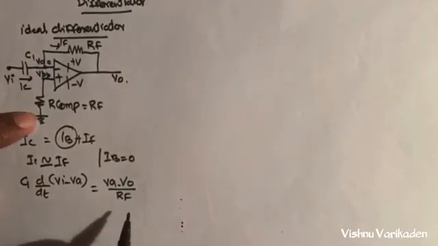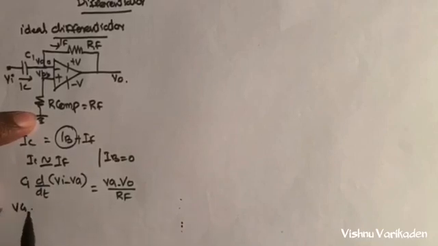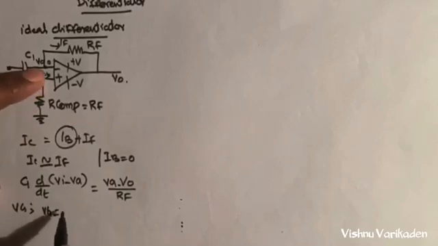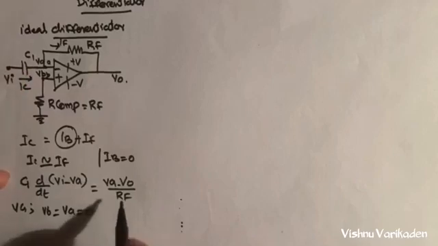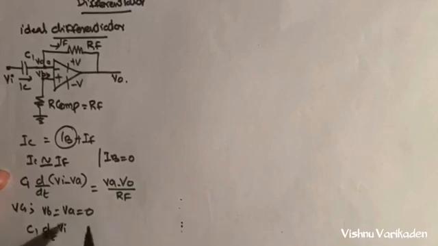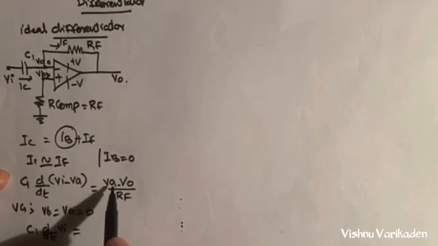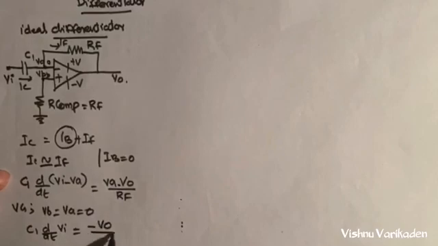So apply the virtual ground concept. Whenever VB is connected to ground, VB equal to 0, therefore VA equal to 0. So apply this to the equation. We will get C1 d by dt of VI equal to, VA is here that is 0, minus V0 by RF.